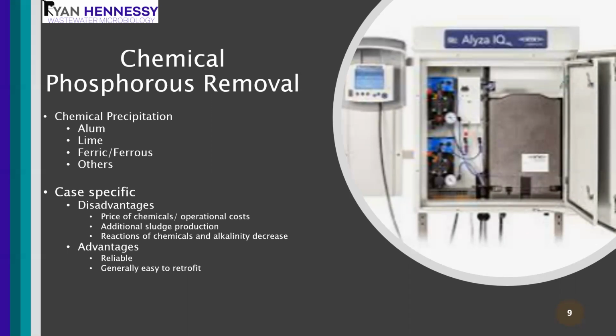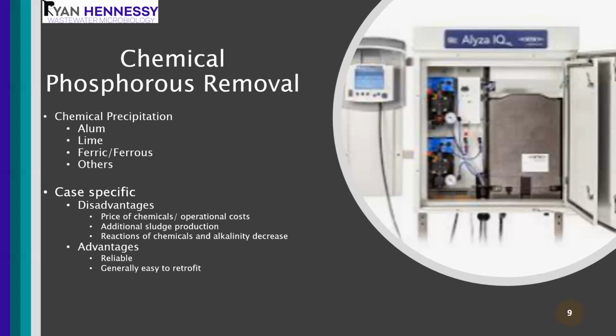So when we rely on chemical phosphorus removal, there are some disadvantages: the price of the chemical, the operational cost. You're going to create additional sludge, and you're also going to decrease alkalinity with a lot of those different chemicals, and that could, depending on where you're located and how much nitrification is occurring, be a significant disadvantage.